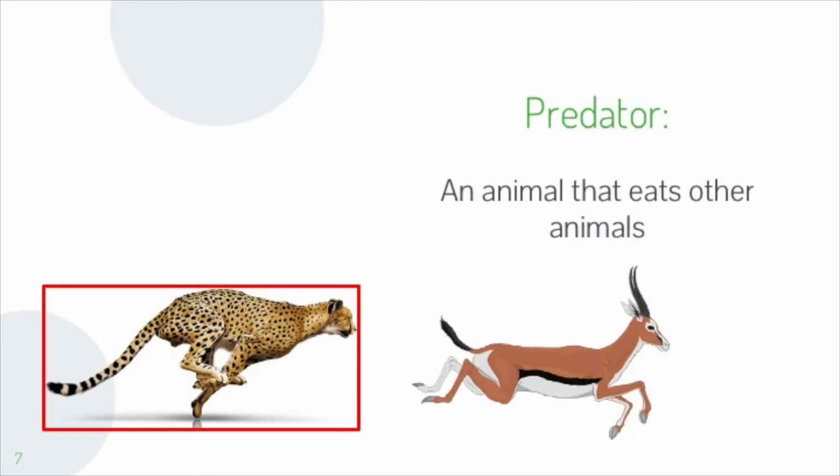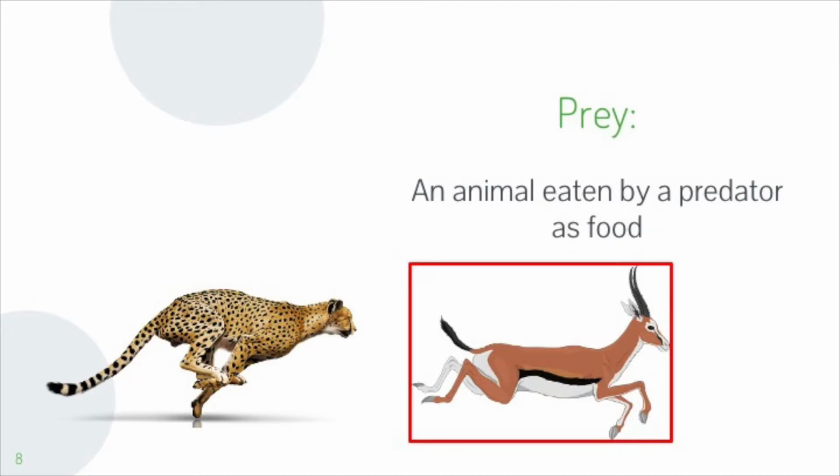Next is predator, an animal that eats other animals. So in this picture that shows a cheetah chasing what looks like an antelope, the cheetah is the predator. Our last vocabulary word is prey, an animal eaten by a predator as food. So in the same example, the antelope is the prey.